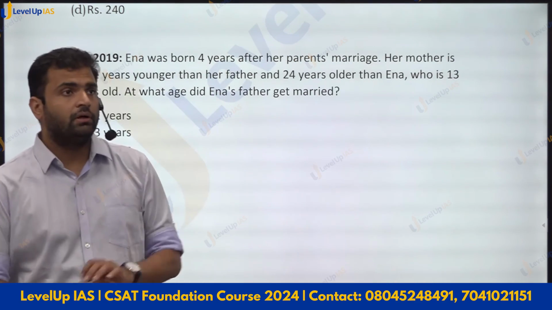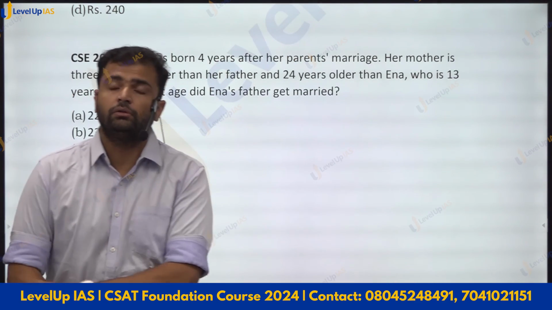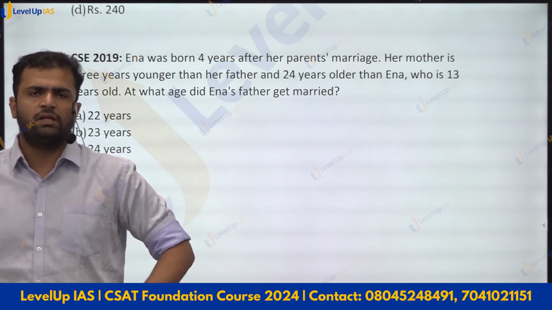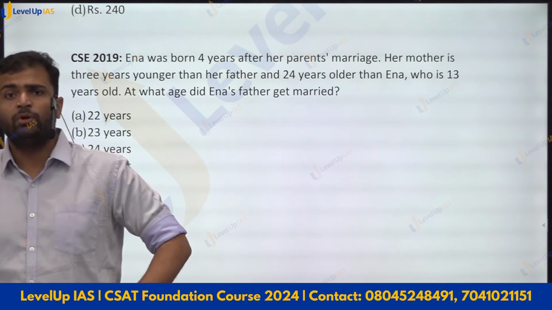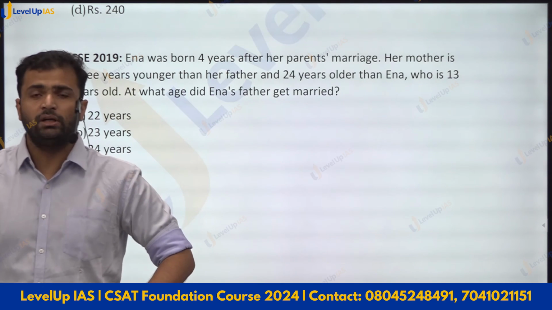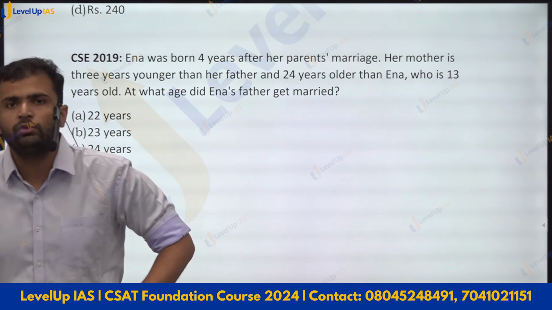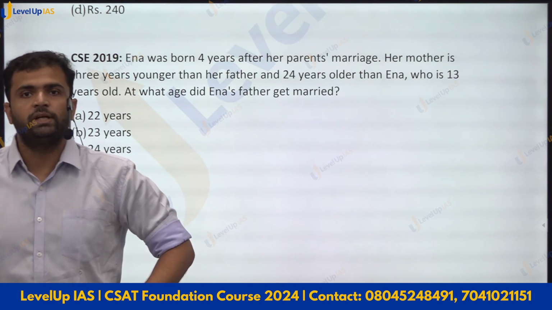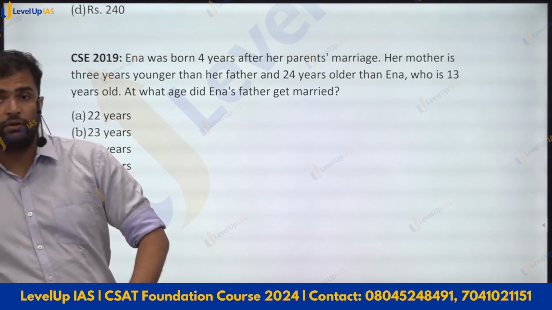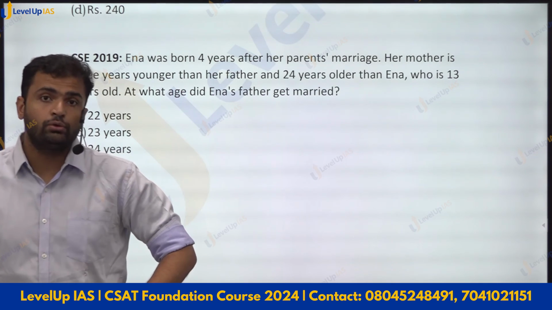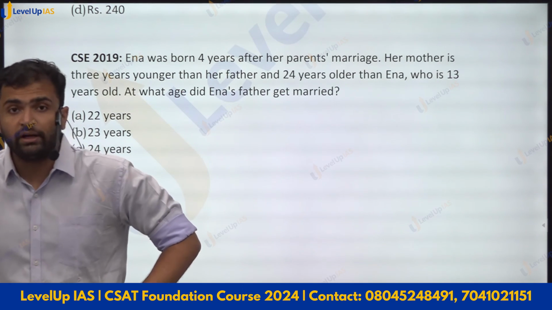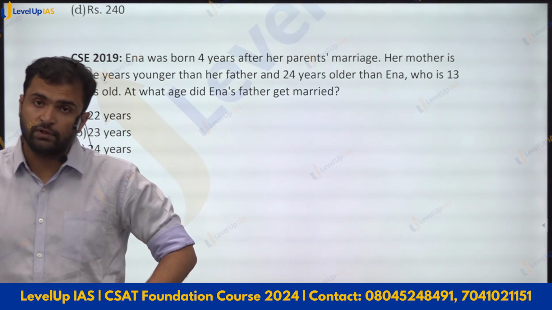So again, some basic things to take note of: this chapter is very easy once you get the hang of it. The single most important determinant is, are you able to form equations from the word problem that is given. That is the skill that needs to be cultivated, and for that you need a lot of patience to read those multiple statements, and the ability to choose the correct unknown at the first instance.